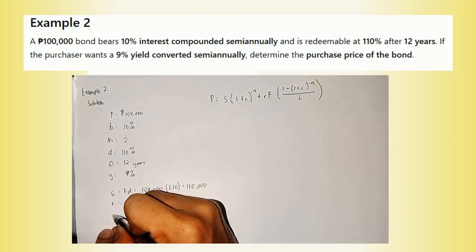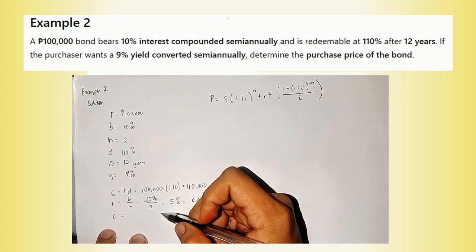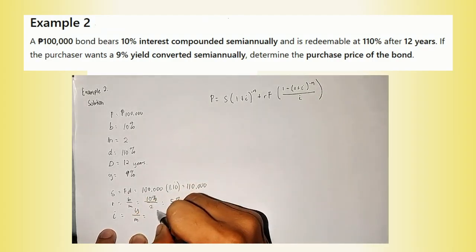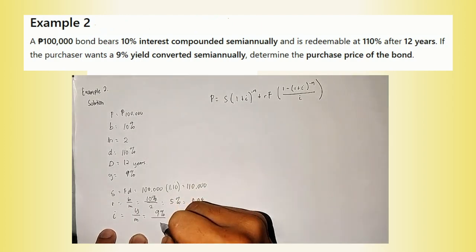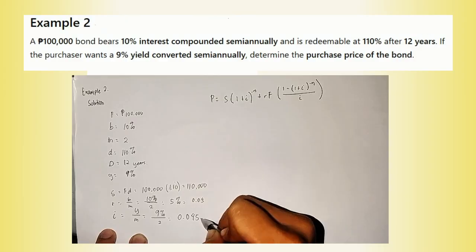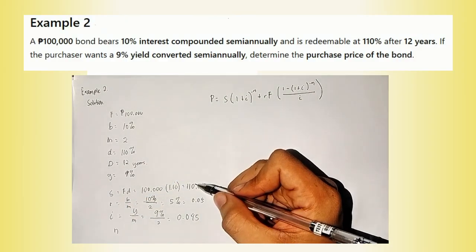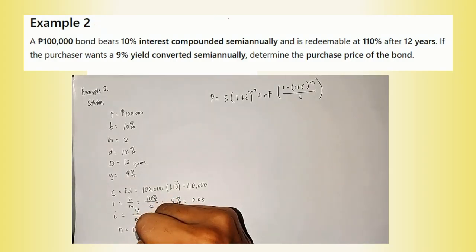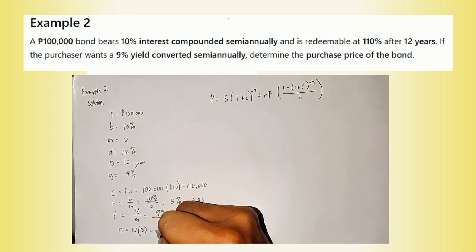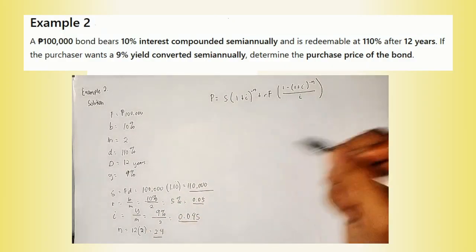And we have our I, which is Y over M. Y is 9% over M is 2, basically that's 0.045. Now, for n, or number of periods, we have 12 years, right? Tapos semi-annually, 12 times 2 is 24. Now, let's substitute these values into our formula.